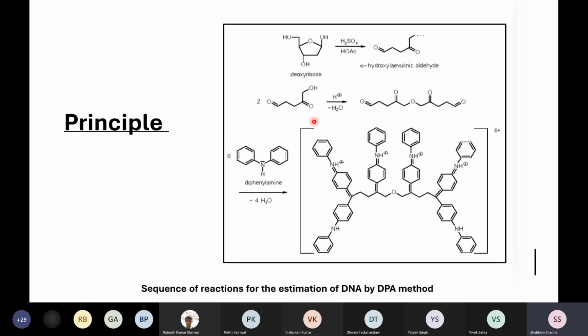It undergoes further dehydration to form this product, which then reacts with diphenylamine. Six molecules of diphenylamine react with a single molecule of hydroxylevulinate aldehyde to produce a blue color compound. This is the compound whose absorbance we are going to measure, right?